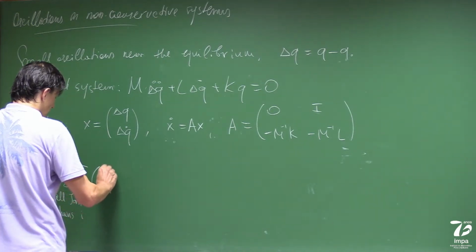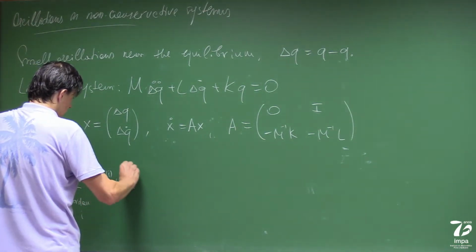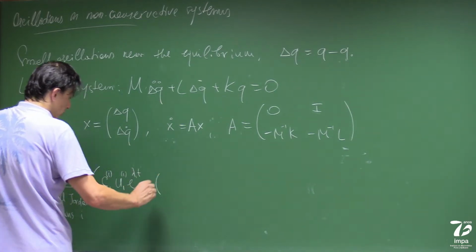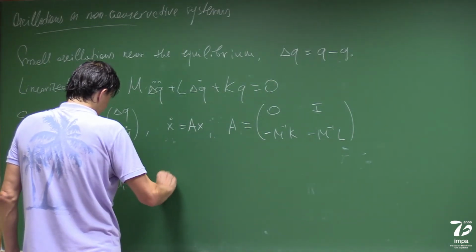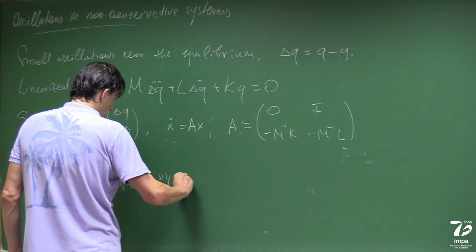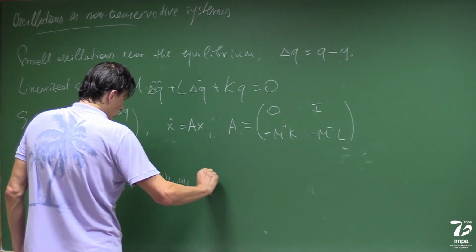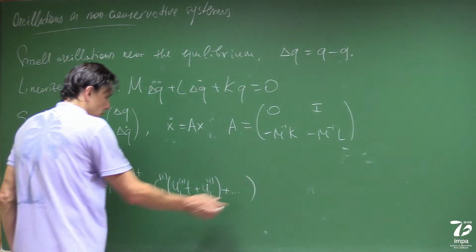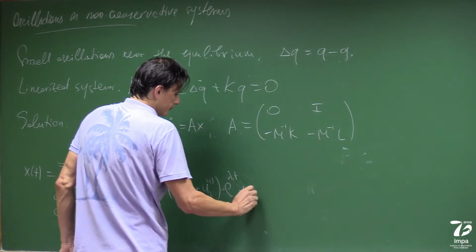So it's C1 U1 exponent lambda i t, plus the second term C2 times U1 t plus U2, and so on.